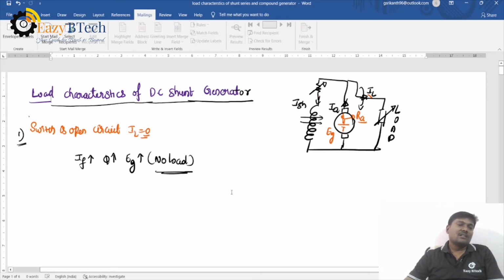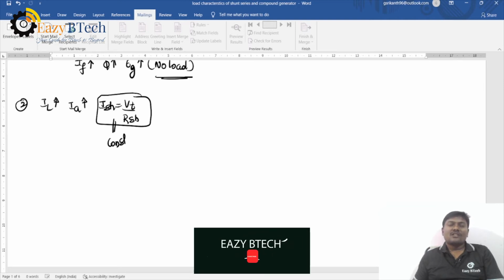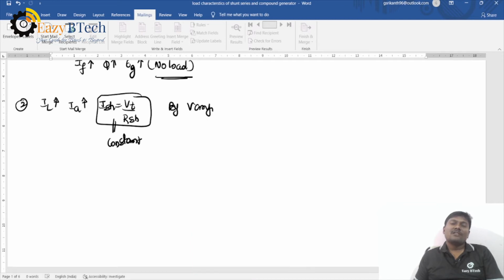As load current increases and Ia also increases, you should maintain the shunt current constant by varying the variable rheostat. So flux is maintained as constant.